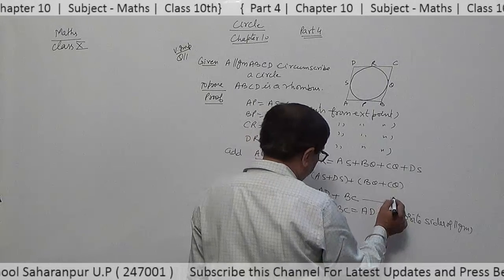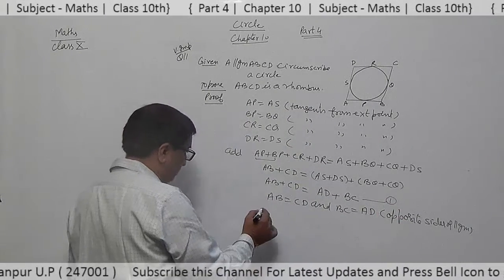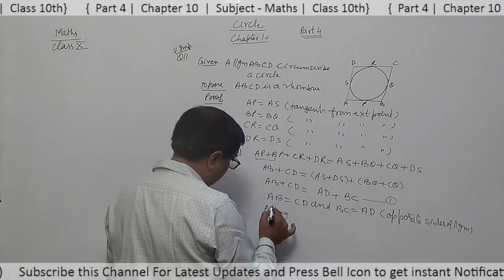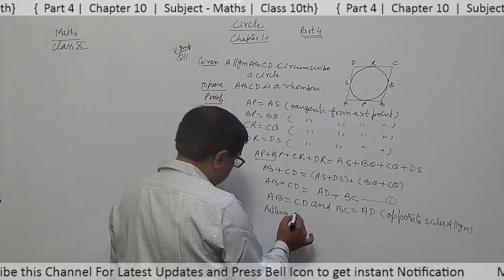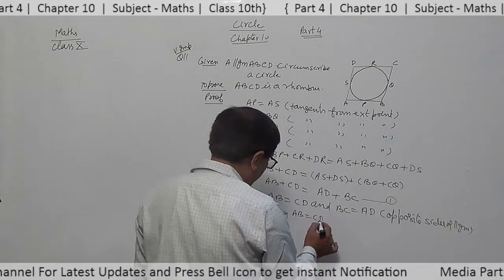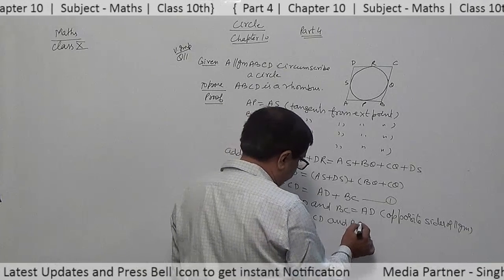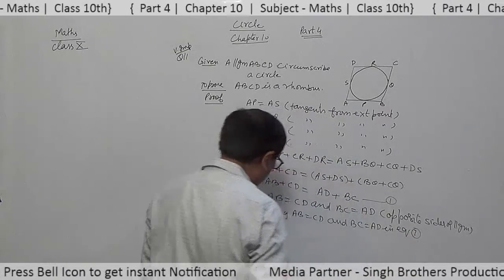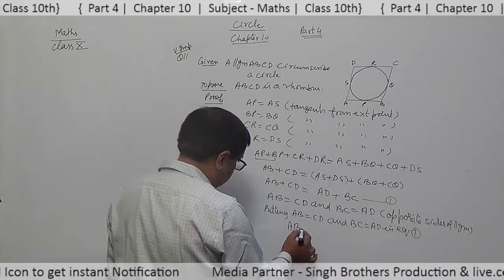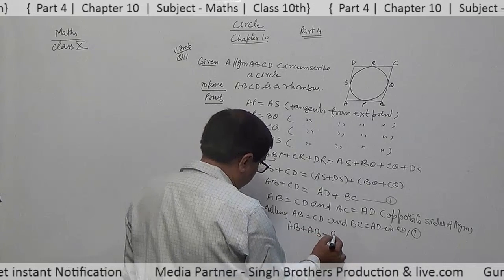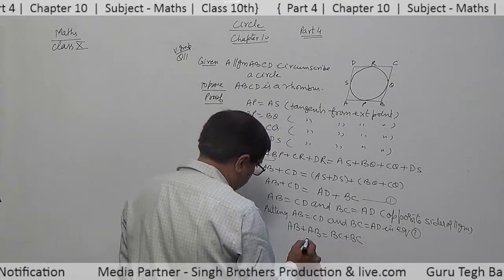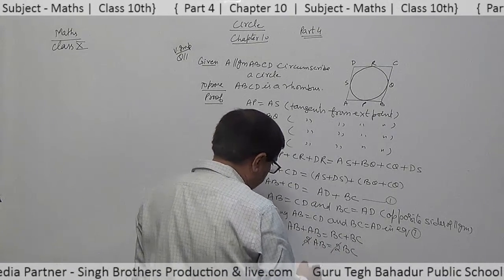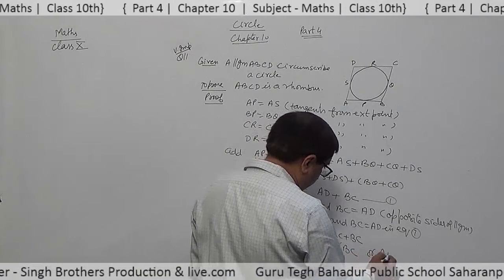So, putting AB is equal to CD and BC is equal to AD in equation 1, AB plus AB is equal to BC plus BC, twice AB is equal to twice BC, 2 and 2 cancel, or AB is equal to BC.